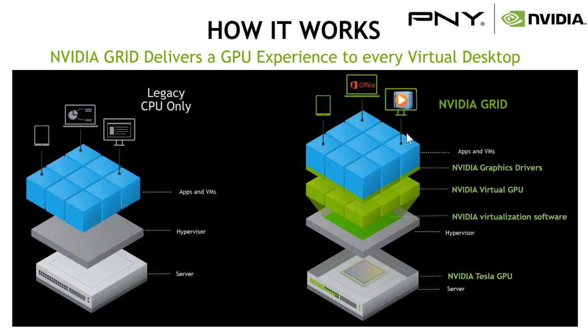At the moment, what currently happens on a CPU-led server, so your traditional tier 1 solutions, the applications such as Microsoft Office or YouTube or whatever it will be, communicates to the hypervisor. The hypervisor allocates a certain amount of CPU, GPU resource, manages the requirement, passes it through to the server to be able to do the workflow, and then passes it back up through the stack to the end user.